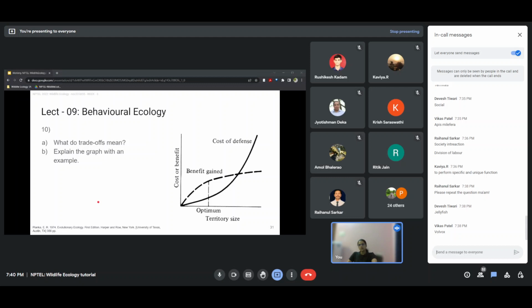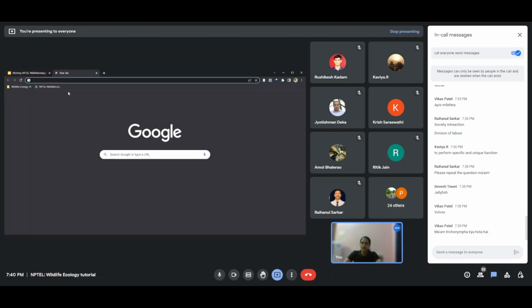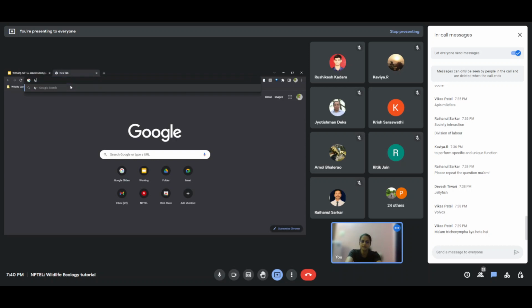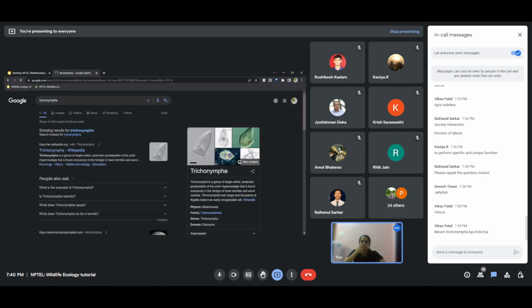Okay, so jumping straight into behavioral ecology. Trichonympha. I have no idea actually. Does anyone else know? I mean, we could all just Google it. What is trichonympha? Single cell anaerobic parabasalids of the order found in the hindgut of lower termites.